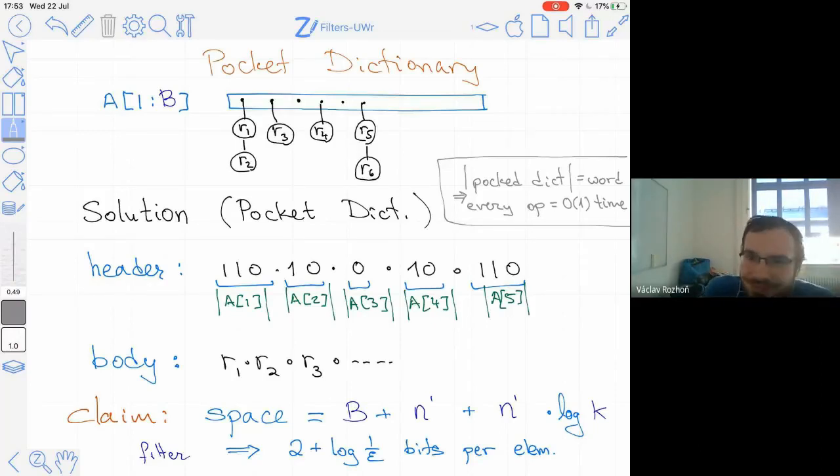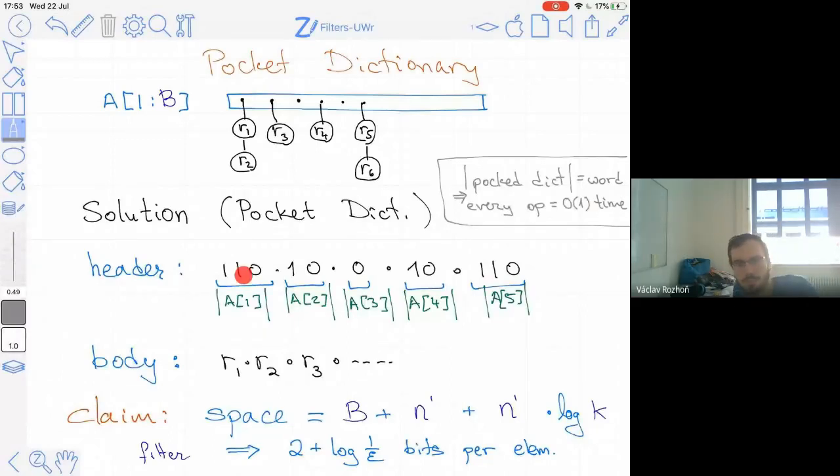This is the solution. We call it a pocket dictionary. The reason we call it a pocket dictionary is that the whole dictionary is supposed to fit in a word, so that every operation over the pocket dictionary can be done in constant time. And what does this dictionary look like? Well, you have a header and a body. The header stores the occupancies of the entries in the array in unary.